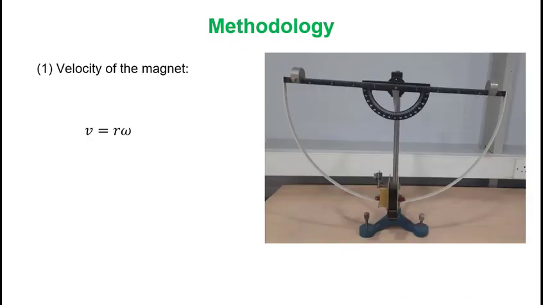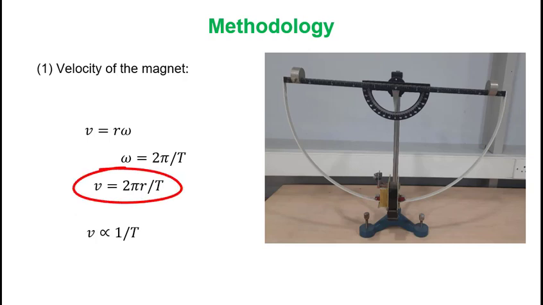Firstly, we discuss how to deal with the velocity of the magnet. The linear velocity is given by V equal to R omega. Here R is the radius of the semicircular path of the magnet and omega is the angular velocity, and it is given by omega equal to 2 pi into frequency or 2 pi divided by the time period T. So the velocity of the magnet is calculated by V equal to 2 pi R divided by T, or the velocity is inversely proportional to the time period of the oscillation.